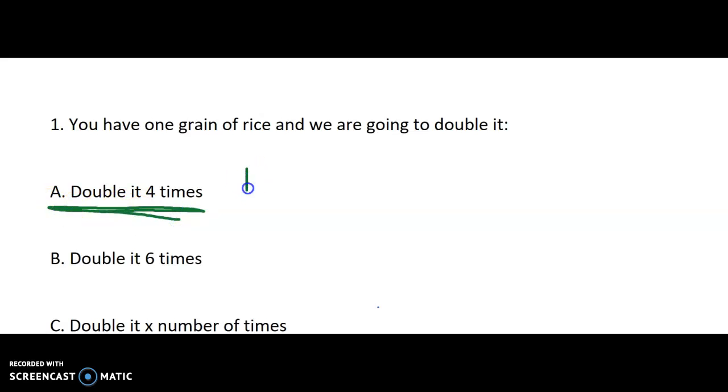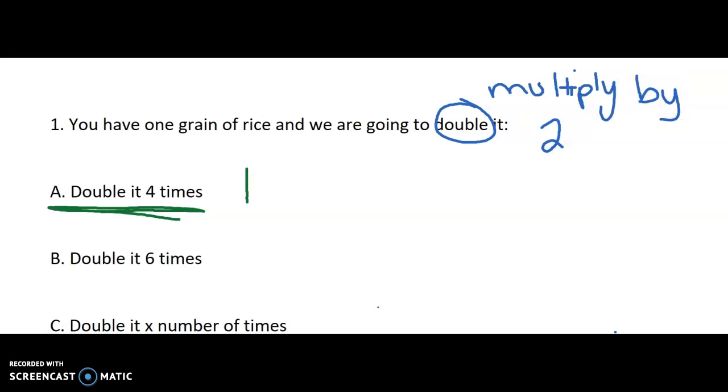So if we have 1 grain of rice, and if we want to double it, what does doubling mean? Doubling means to multiply by 2. So that means that I'm going to have 1 and I'm going to multiply it by 2 to double 1.